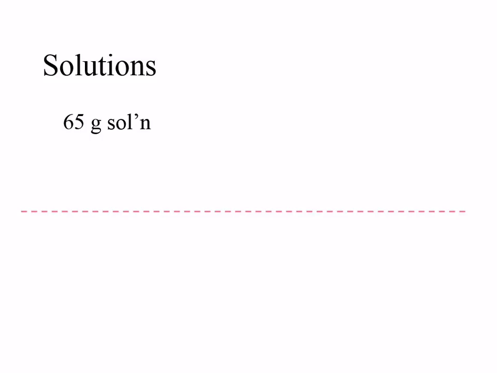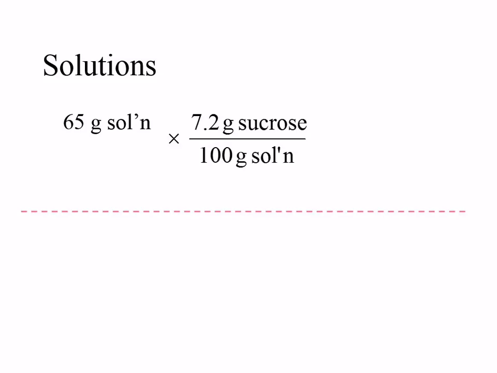If I bring the 7.2 grams of sucrose over 100 grams of solution, my units of grams of solution cancel. I have units of grams of sucrose. That's perfect. Two significant figures there? So I got 4.7 grams of sucrose.